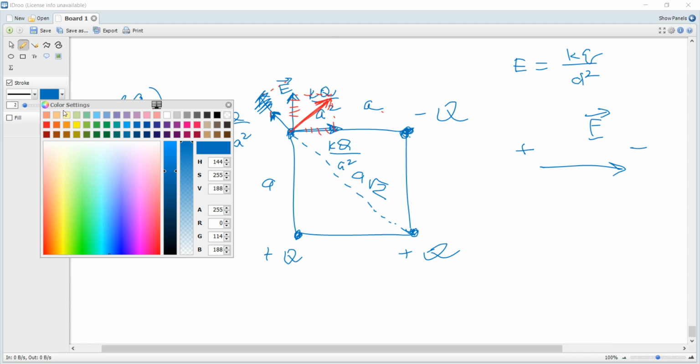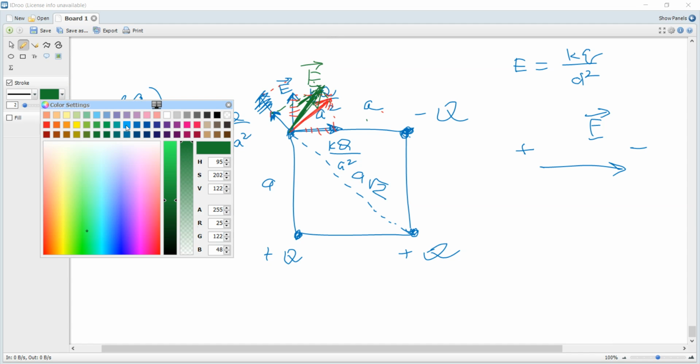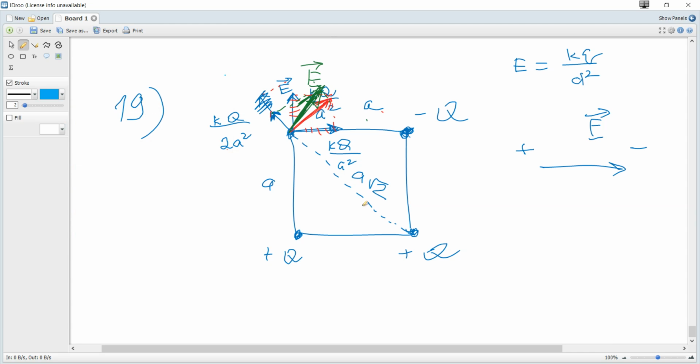And if we find the resultant vector, definitely it's somewhere in this direction, so the resultant field strength is in this direction.